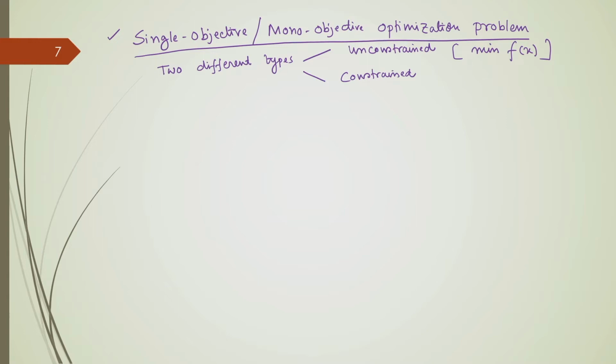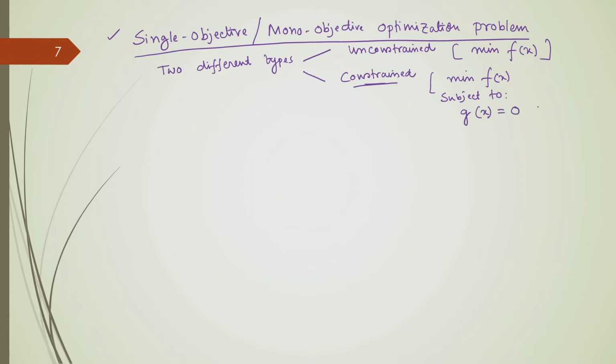But a constrained optimization problem is, for example, minimization of f(x) subject to some constraints. Now, these constraints can be equality constraints or inequality constraints. One of these equality constraints is g(x) equal to 0.